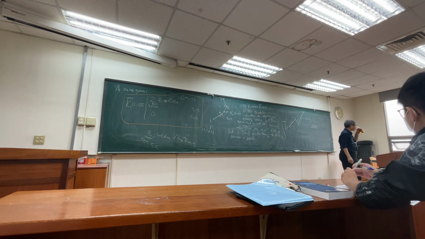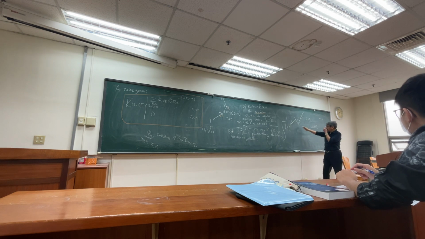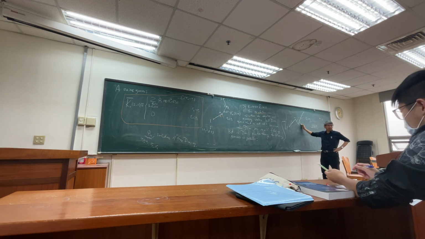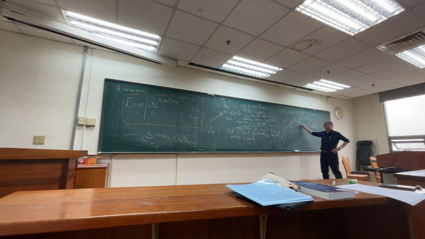So Feynman said, this process is allowed in Dirac's theory. But Feynman said that I can look at this process in the following way. That is, there is only one electron.